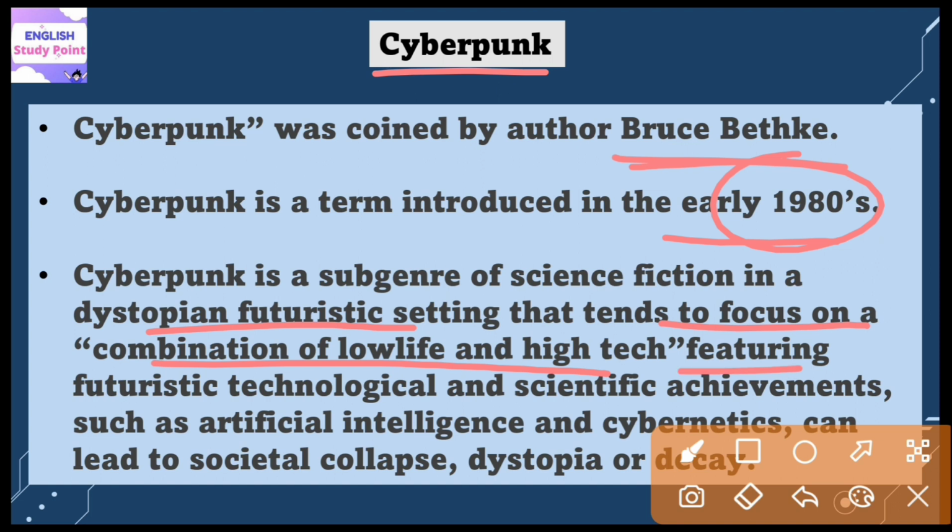And these fictions feature futuristic technological and scientific achievements such as artificial intelligence and cybernetics. These things can lead to societal collapse, dystopia, or decay. These technological and scientific developments can lead to social collapse because they can increase disparities between rich as well as poor people, which will only lead to destruction, as poor people are not able to build social relations with each other.